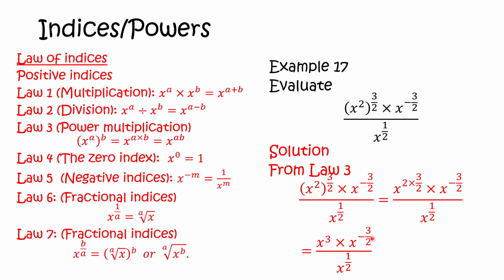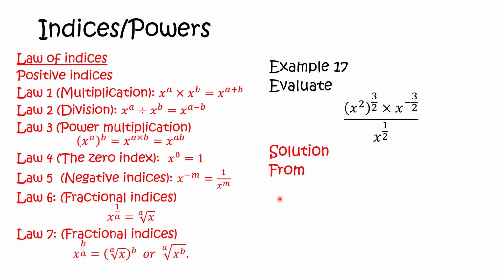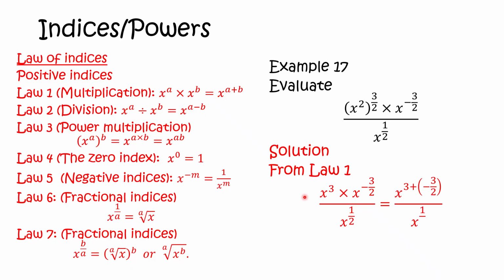Then we deal with that part of the numerator so that we have x cubed with the rest of the terms remaining the same. So simplifying that from law number 1, where we are adding the powers, since we are multiplying the terms, we are going to have x raised to the power 3 plus minus 3 over 2, which would then simplify to x to the power 3 over 2 divided by x to the power 1/2.